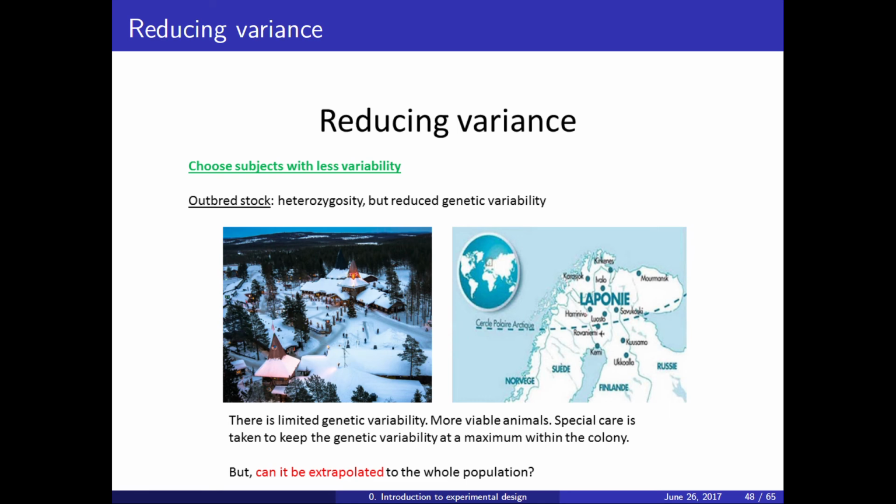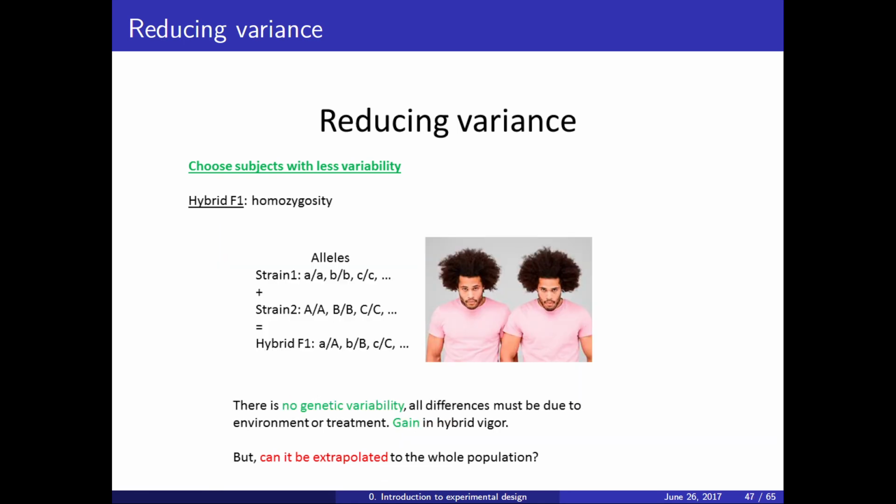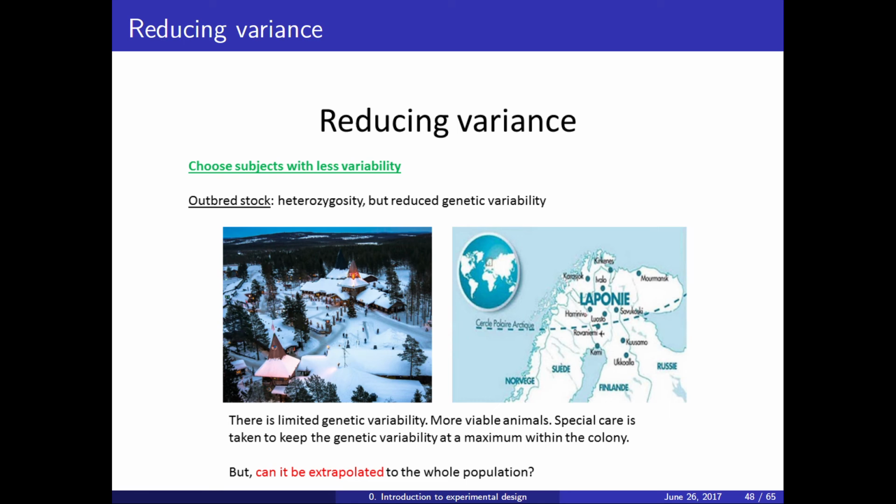It is like, let's say that you don't want to work with twins, but you want a small variability. So that is the outbred stock. The outbred stock is working with animals that don't have a very high genetic variability, although they are not twins.